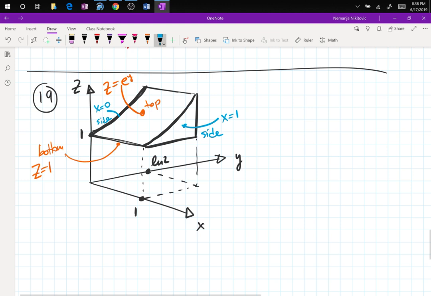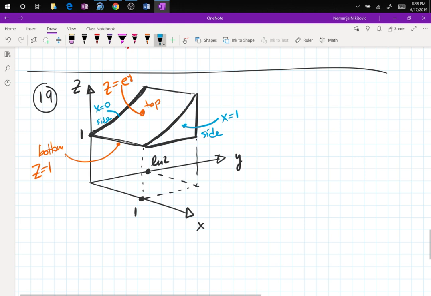So this plane over here on the side is described by x equals 1. And the one in the back is sitting on the y-axis, x equals 0, sorry. X equals 0.